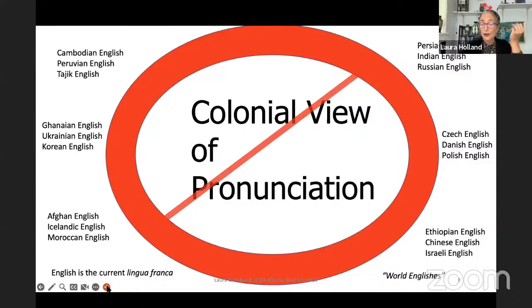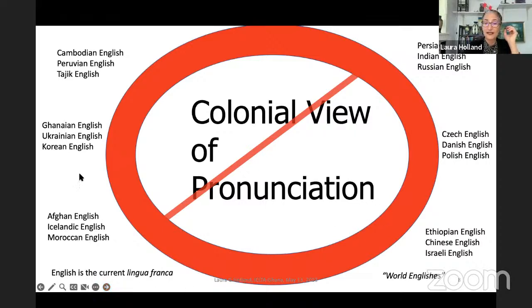English is now the current lingua franca for many, many fields. It's the language of science, of international business, of international medicine, and some other fields as well. So the pronunciation that you should be doing is your own pronunciation, but I'm going to give you a few little tips.